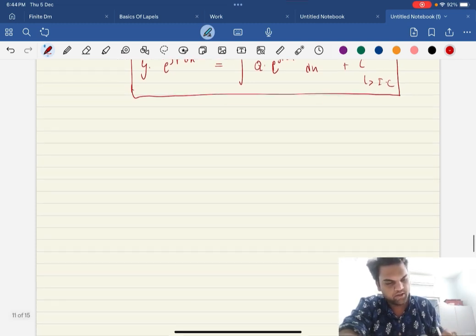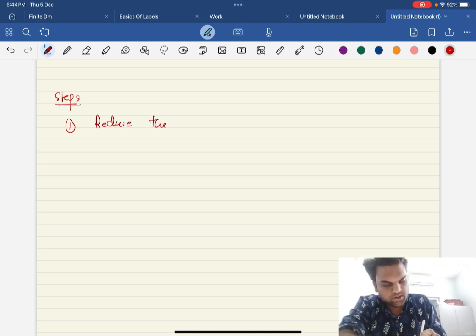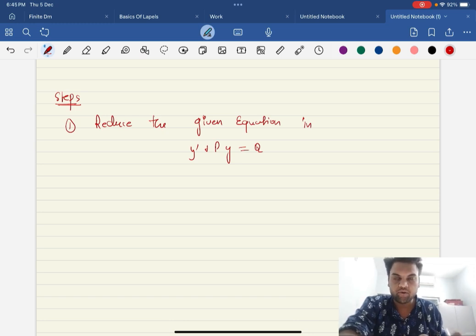So if we get any equation, what steps will we follow? First step, reduce the given equation to the form y' + p y = q.